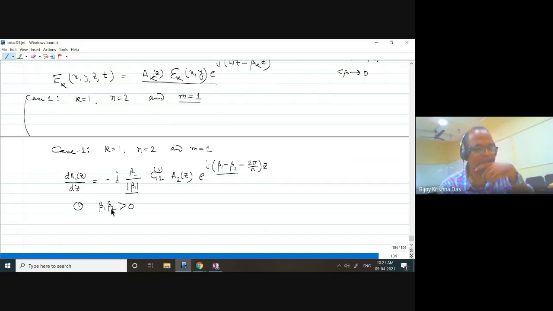What does it mean? If you are using the sign, suppose mode 1 and mode 2 both are propagating in the same direction. They can be propagating in the positive z direction or they can be propagating in the negative z direction. Either direction they propagate. If it is negative direction, minus minus will be plus. So negative direction, that means I will be writing minus beta 1 and again multiplied by minus beta 2, right?